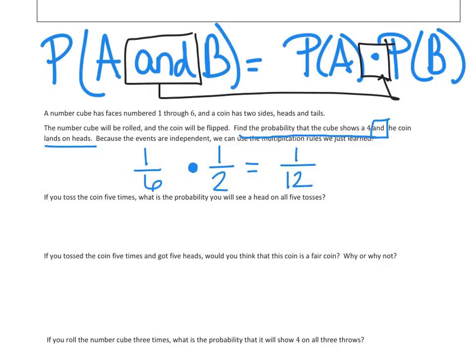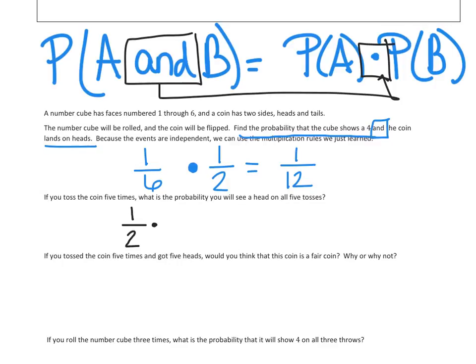The second question: if you toss the coin 5 times, what is the probability that you will see a head on all 5 tosses? So are these events independent? If I toss a coin once, does that have any dependency on what the next outcome is going to be if I toss the coin again? Of course not. So because this is independent, if I toss the coin the first time and I get a head, the probability is 1/2.